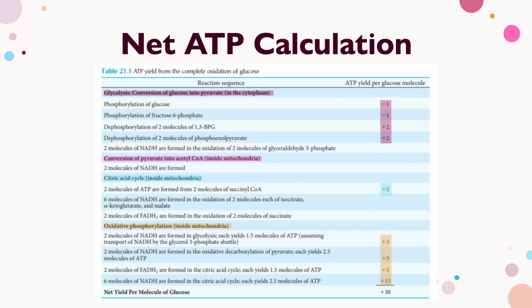So finally, we have the total chart, which is the ATP yield from the complete oxidation of glucose, or I guess you could say the ATP yield from the complete cellular respiration process.